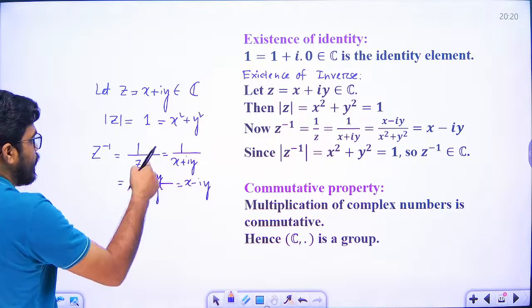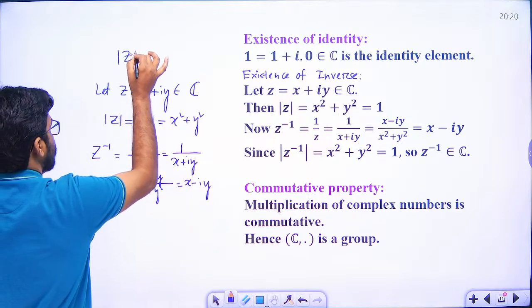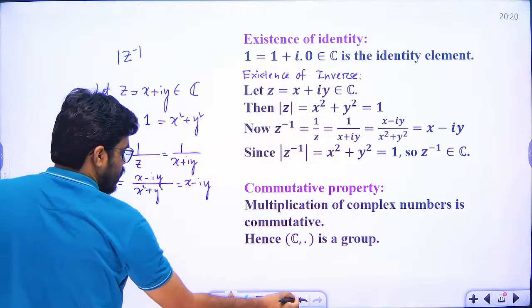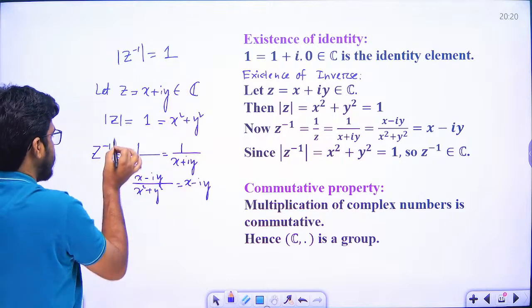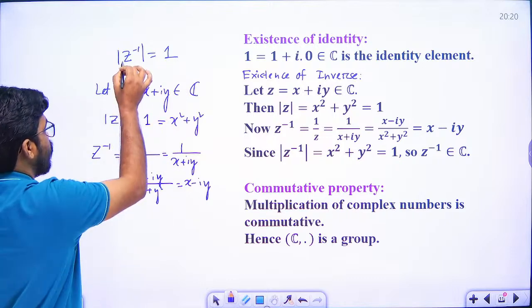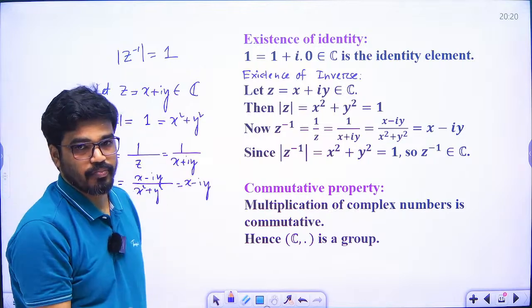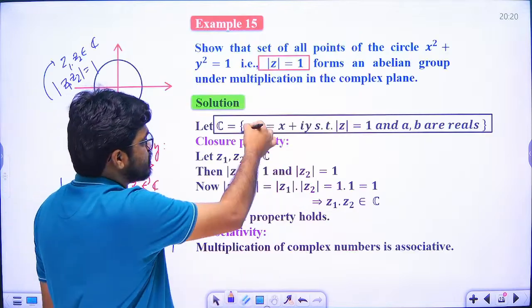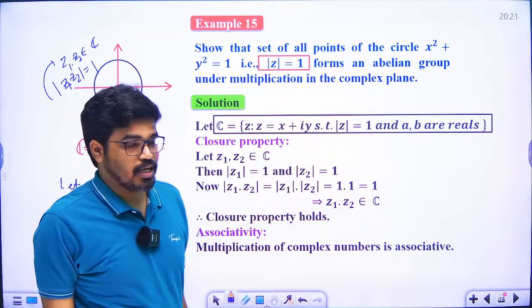When will this element be an element of C? If modulus Z inverse is equal to 1, then we say that Z inverse belongs to C, because the elements of C are complex numbers such that modulus Z is equal to 1, right?